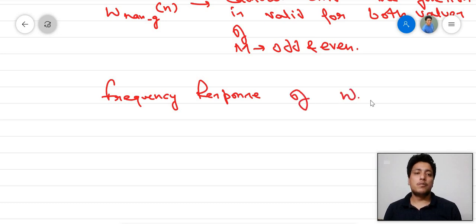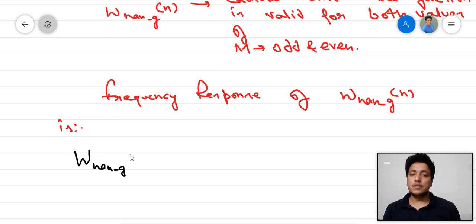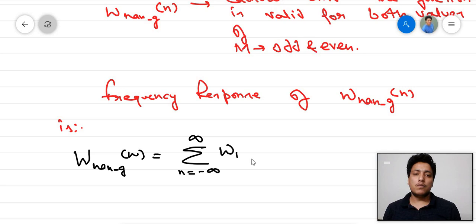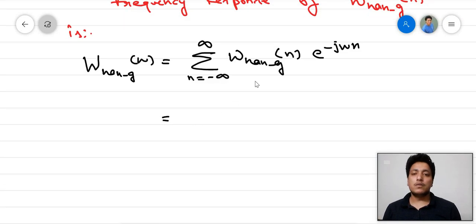Then if you want to find the frequency response of w_G[n], it is W_G(omega) equals summation n equals minus infinity to infinity of w_G[n] e^(-j omega n). Now we know this window function only exists from n equals 0 to M minus 1.